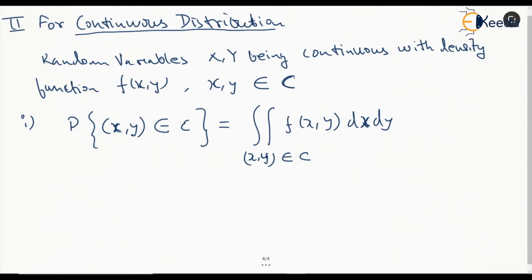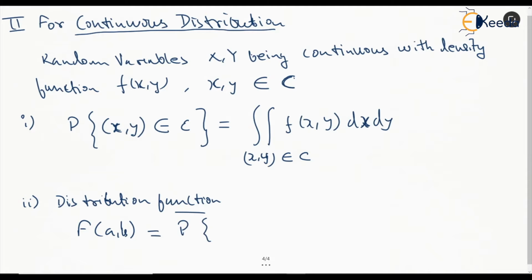So the second point is the distribution function. This is F of, let's say, a comma b, and can be written as the function for x belonging to minus infinity to a, it is a continuous function, and y belonging to minus infinity to b.